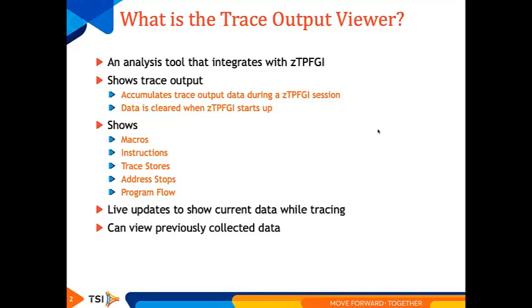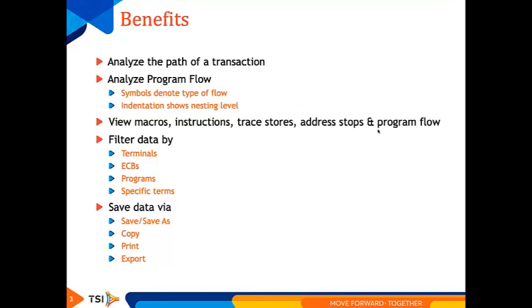And as I said, it updates live, and you can launch it separately from GI if you wanted to, but when you launch it, you can open a file that you've saved previously. So it's a very good tool for analyzing the path of the transaction, and there are some symbols we'll talk about as far as the program flow goes.